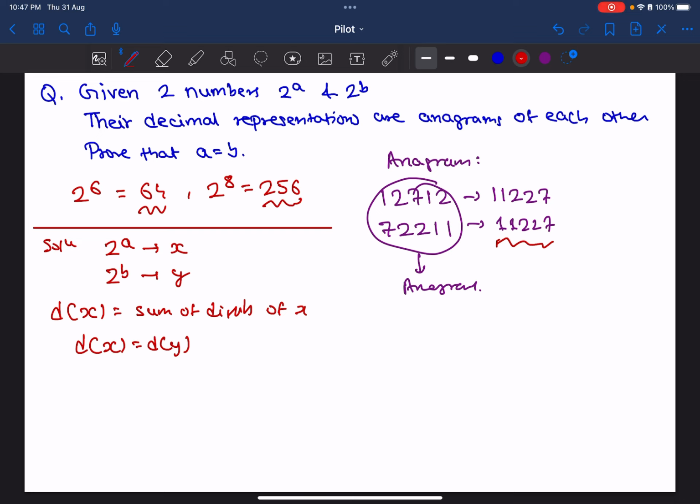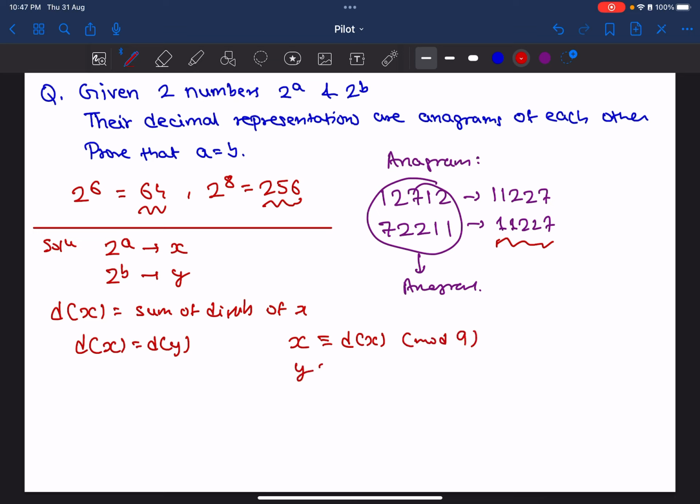But we also have another property: the remainder we get by dividing the sum of digits by 9, and the remainder we get by dividing the number by 9, is the same. So we also know that x is congruent to d of x mod 9, right?